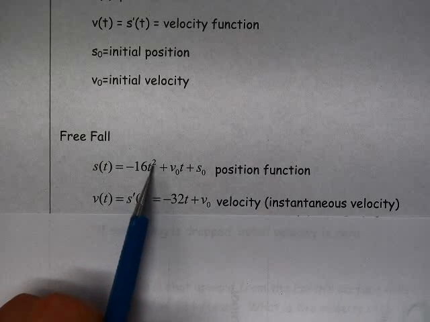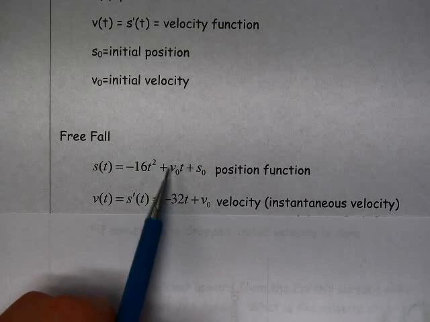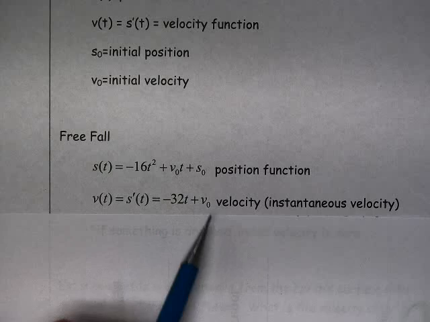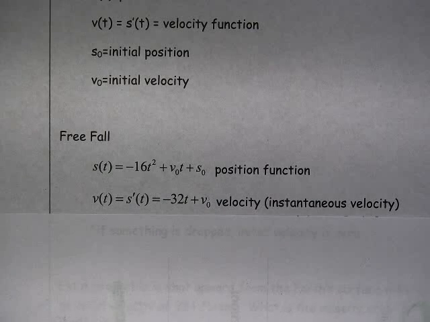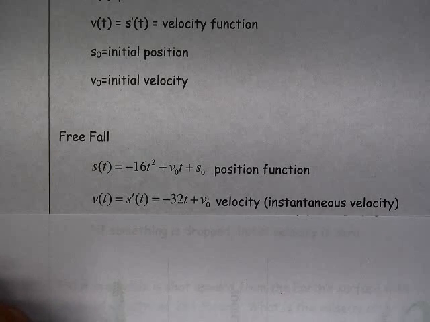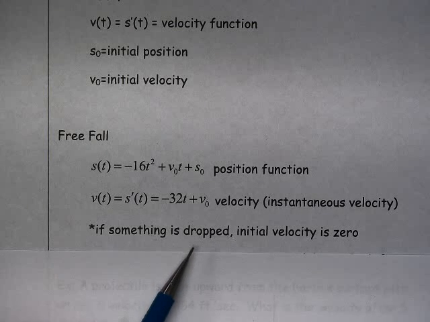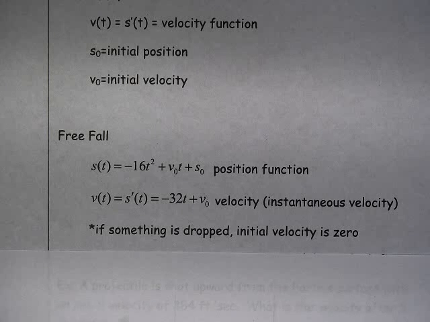We reduce the exponent by 1, so it was 2, now it's an exponent of 1, and then the derivative of a constant times t is just that constant, v sub 0. Note here that we're taking the derivative with respect to t, since t is the independent variable here. And just note on the wording of problems, if we drop an object, we can consider that initial velocity to be 0.